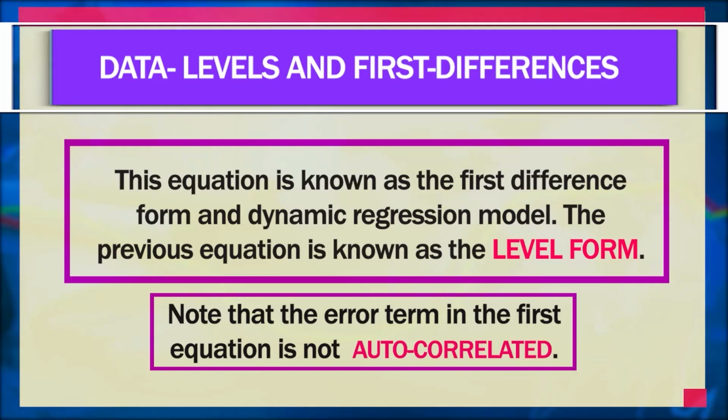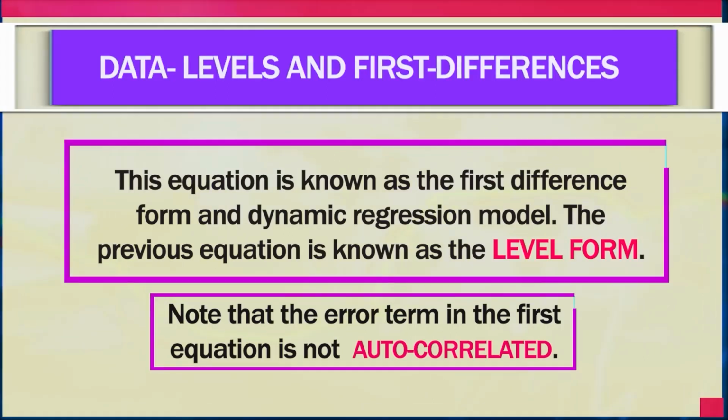Otherwise, in the original level forms, whether this one or this one, where yt is a function of xt or yt minus 1 is a function of xt minus 1, we cannot apply OLS directly because they might give rise to the problem of autocorrelation.